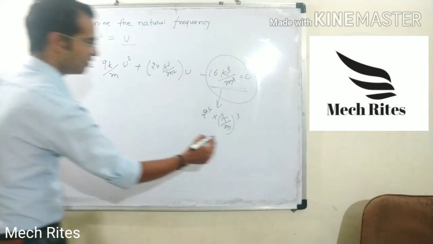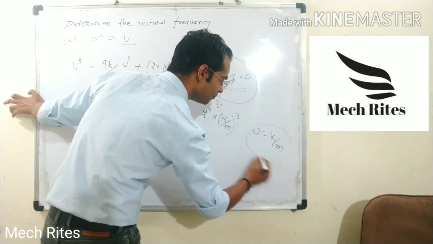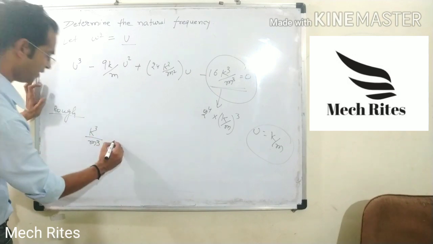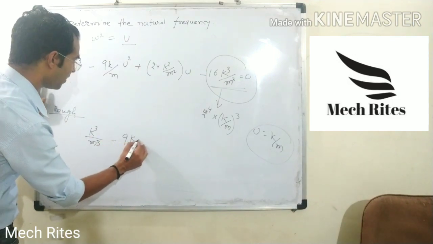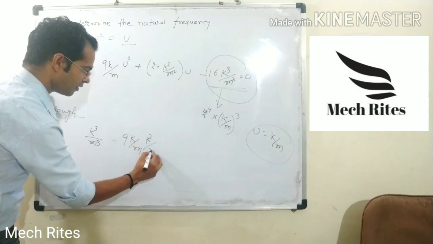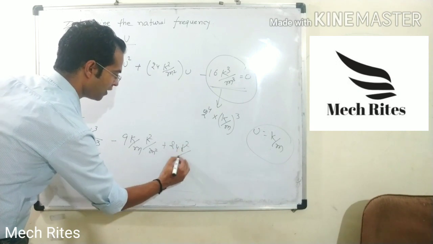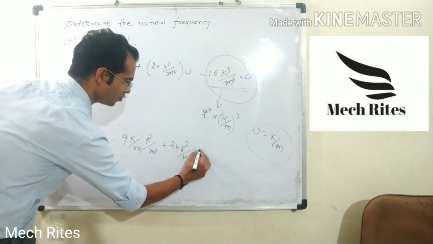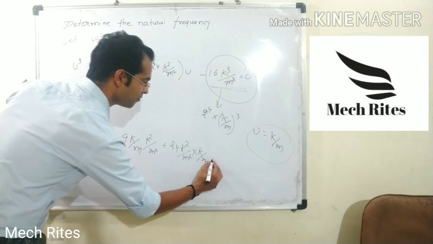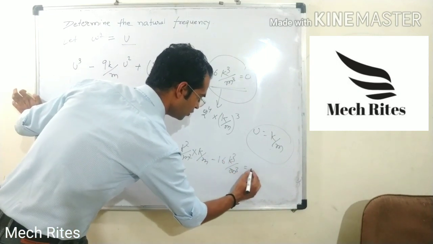I am putting here u equal to k by m: k cube by m cube minus 9 k by m times k square by m square plus 24 k square by m square multiplied by u, it means k by m, minus 16 k cube by m cube equal to 0.